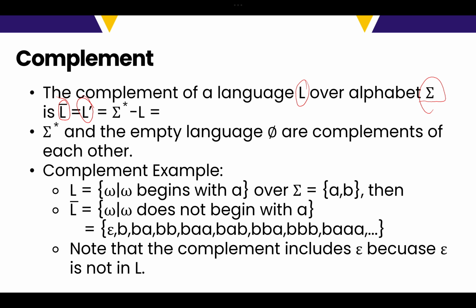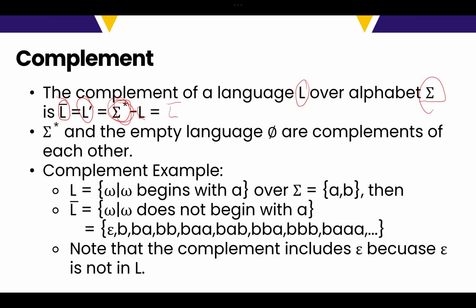This refers to sigma star or clean star of the alphabet minus L. So complement gani gikan sa all concatenations sa kanang imuhang alphabet minus unsay naa ni L. Mao na dayon to ang iyahang complement.